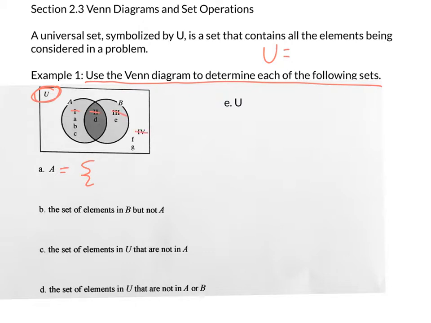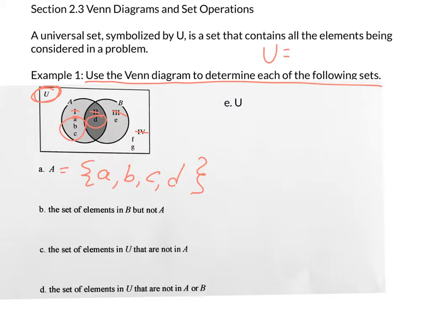Inside circle A, in any order, I see a little a, a little b, a little c, and also little d. Close the brackets. Don't hit spacebar. You would just type it in just like that using the keyboard to get in those curvy brackets and the commas. That's the final answer for set A, or circle A.